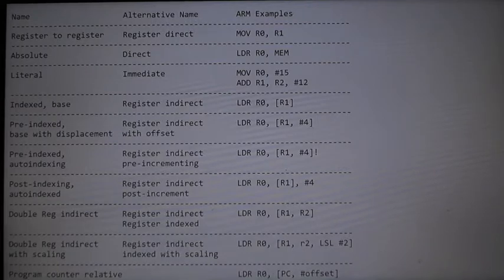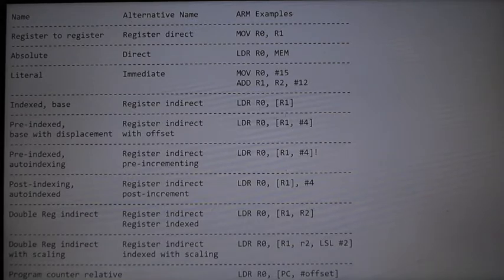Okay, then we have pre-indexed base with displacement, also known as register indirect with offset. In ARM processors we have the concept of offsetting. It is similar to the register indirect addressing mode.